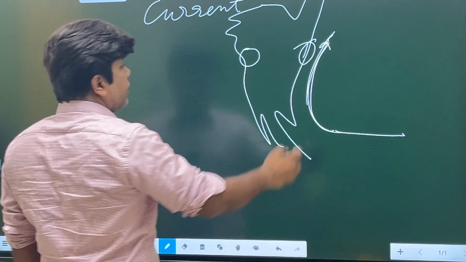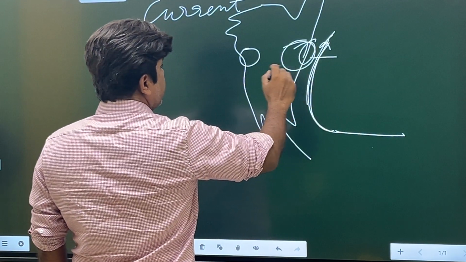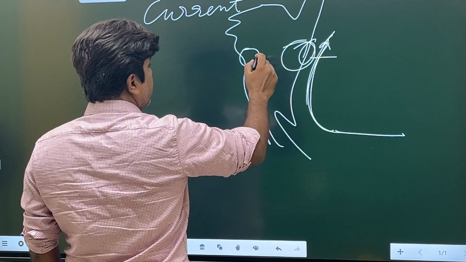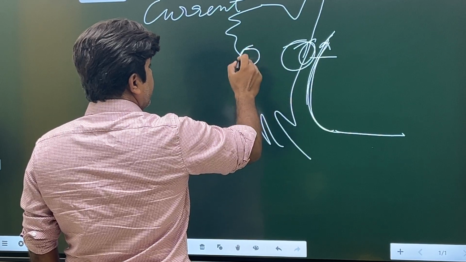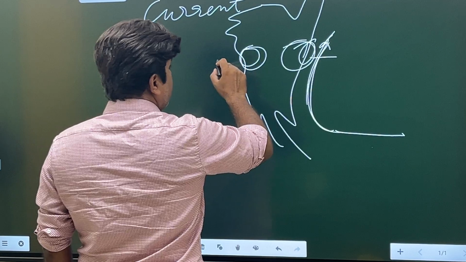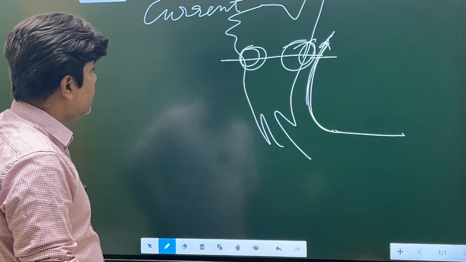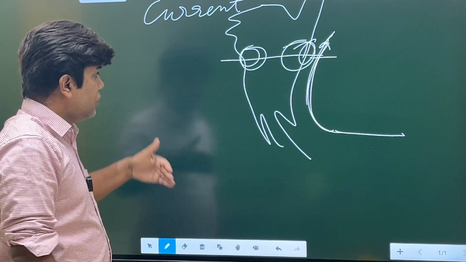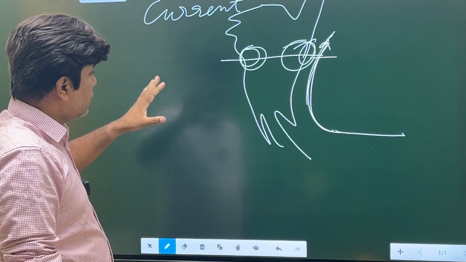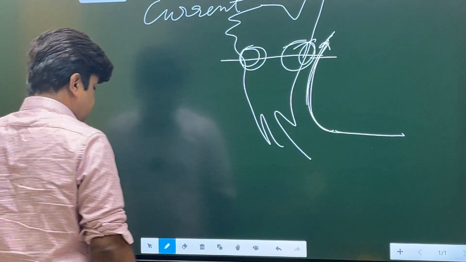So the temperature of this area is much more than the area located on the same latitude in the interior part. That is how these currents also determine the temperature.